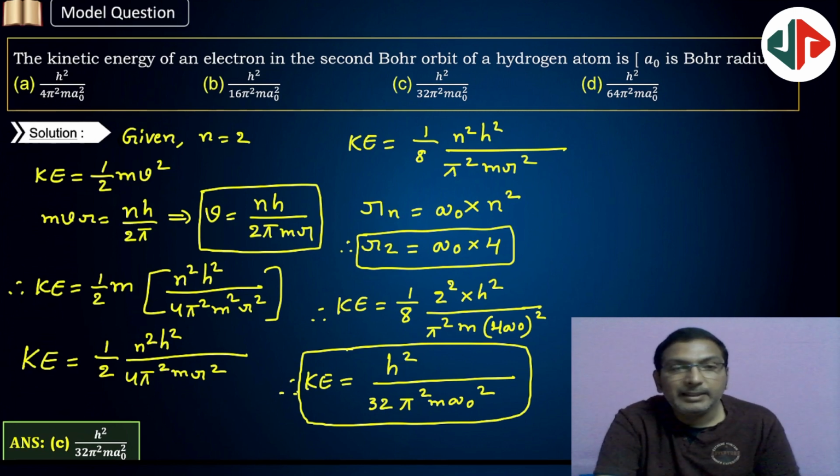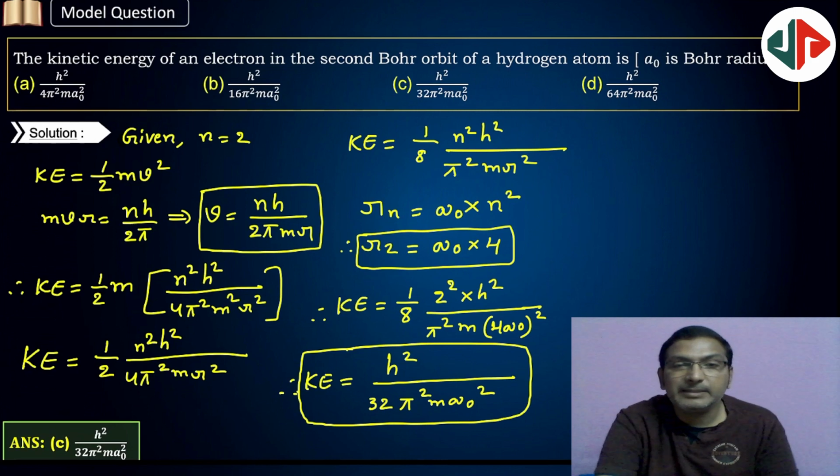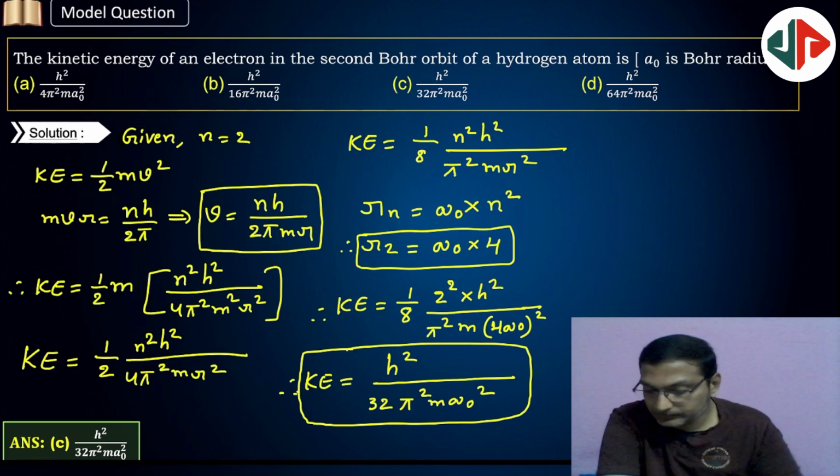So from kinetic energy, first the relation between kinetic energy and velocity. Next, velocity and radius. So here the first expression, next the velocity expression and the radius expression. Three expressions are very, very important here. So here option C.